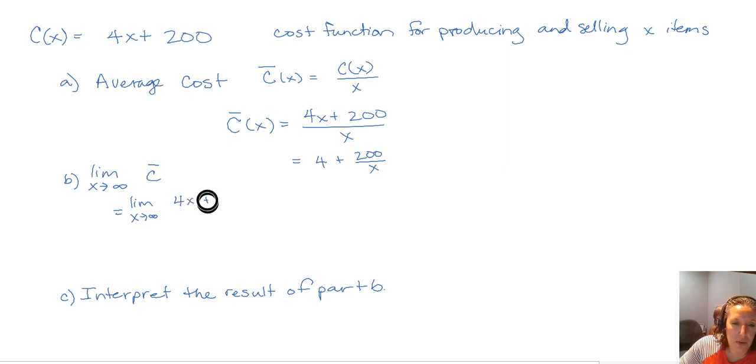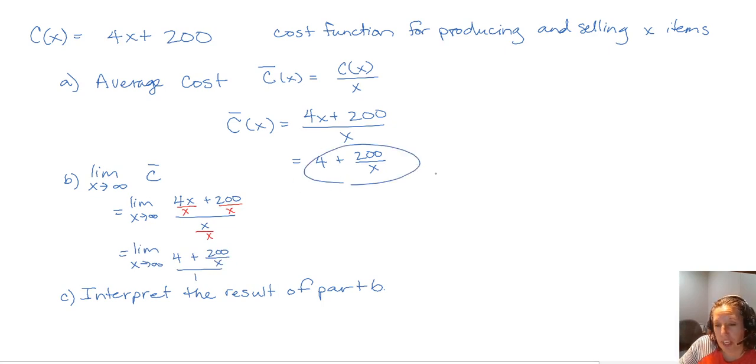So what we're going to do is divide everything by the biggest power of x on the bottom. In this case, that's just x. When we simplify that, we get 4 plus 200 over x, over 1, which is what we would get if we just started with that point. So it saves you a little bit if you do that simplification in the first step, or you can do it second. It really depends on where you're headed.